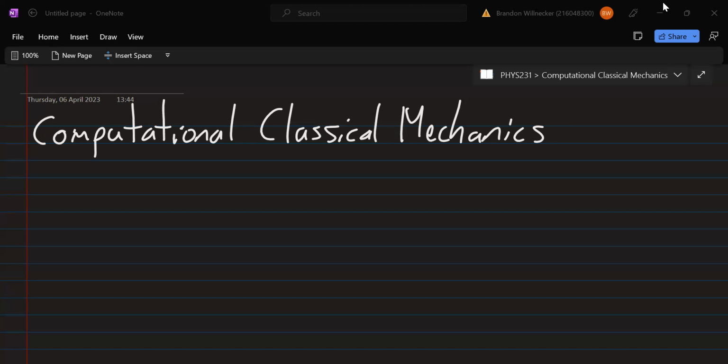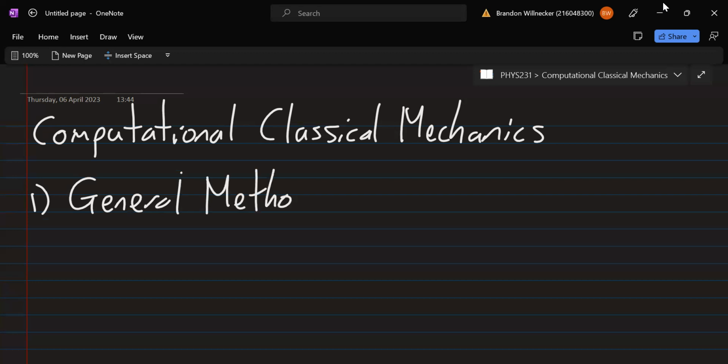Okay, so firstly, what is the general method that we'll use? We're trying to solve the second order differential equation given by Newton's second law. So we have F is equal to ma, and we know that a is the acceleration, so that's the second derivative of position.